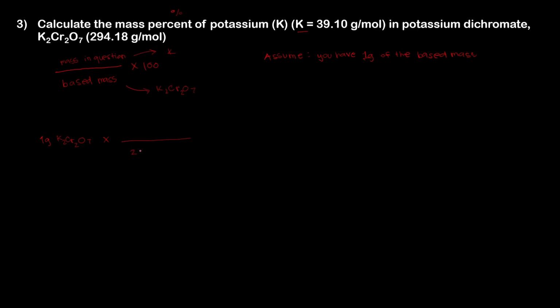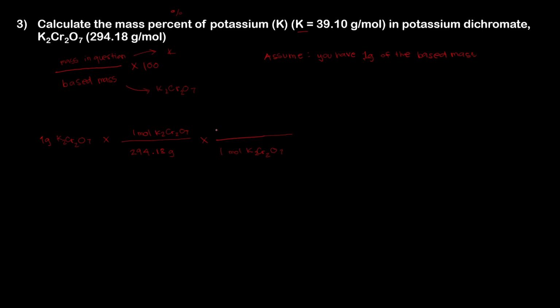1 mole of K2Cr2O7 weighs 294.18 grams. And since we are dealing with potassium, which is our mass in question, how many potassium are there in potassium dichromate?